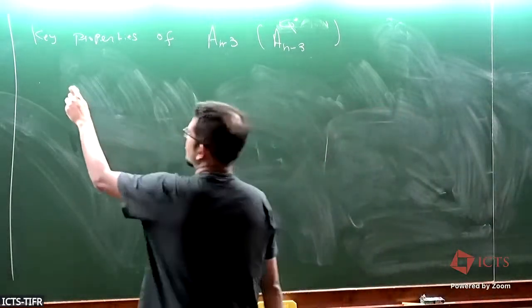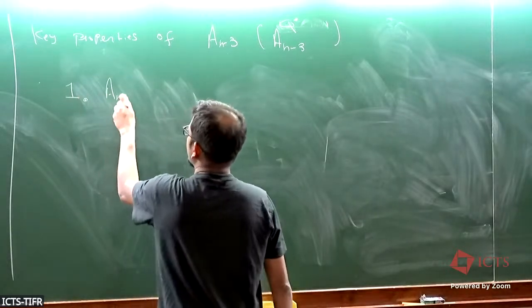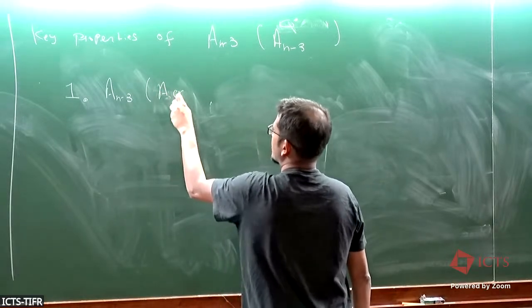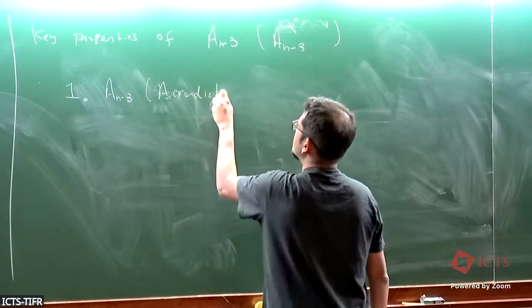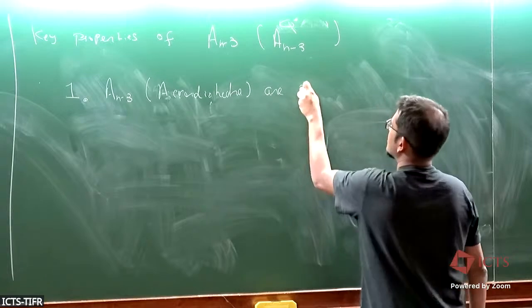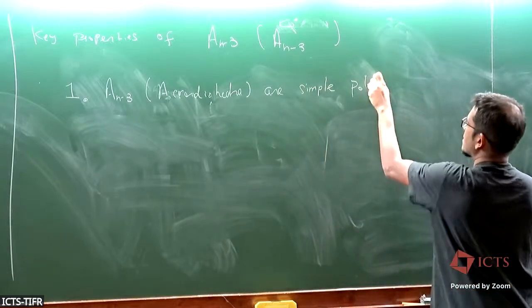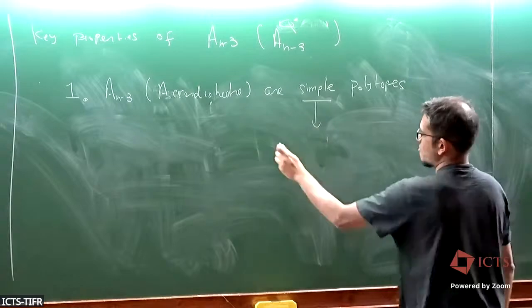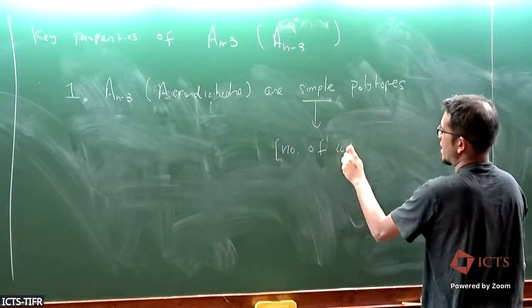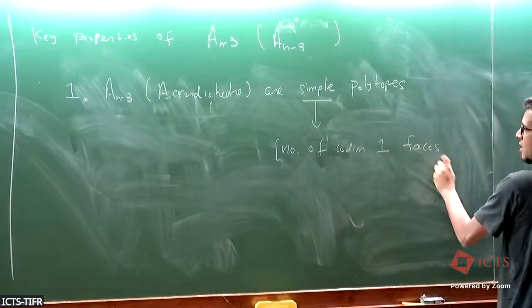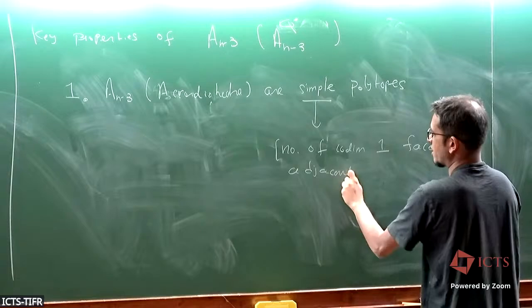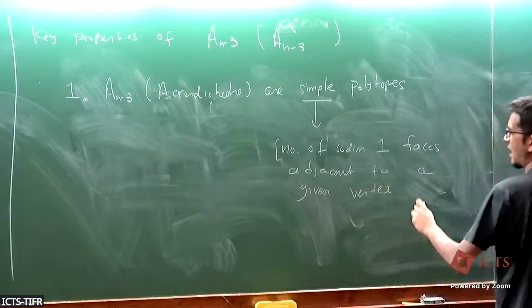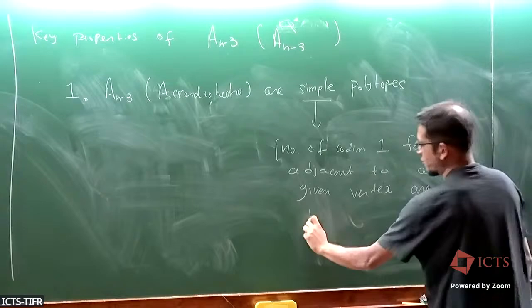So the key properties are, one property is that A_{n-3}, not just Associahedra but also all accordiahedra, are what are called simple polytopes, which means that this simplicity simply means that the number of codimension 1 faces adjacent to a given vertex are equal to the dimension of the polytope.